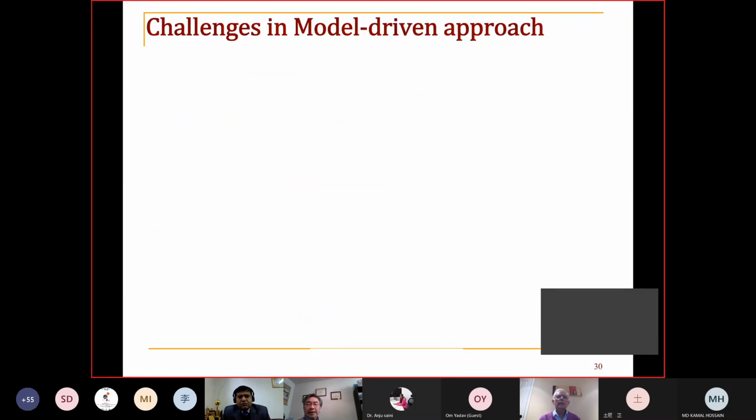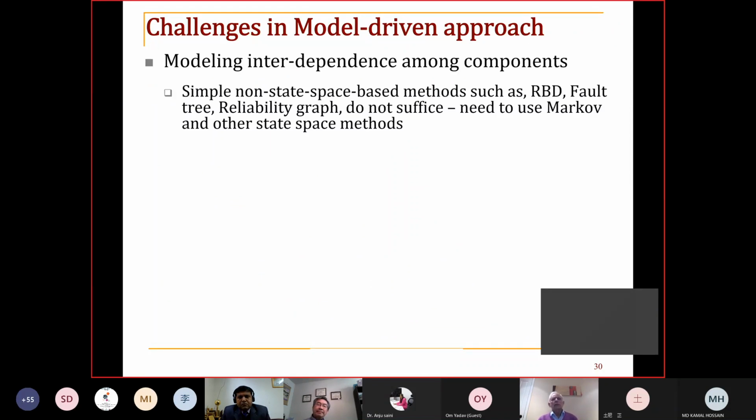Okay. So what are the challenges in doing these kinds of Markov models? For modeling interdependence among components, we concluded simple non-state space methods don't work: RBD, fault tree, reliability graphs, etc. We need to use Markov chains and other state space methods.